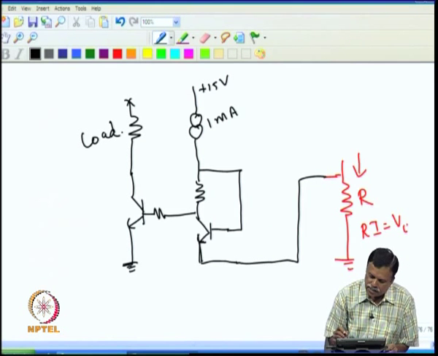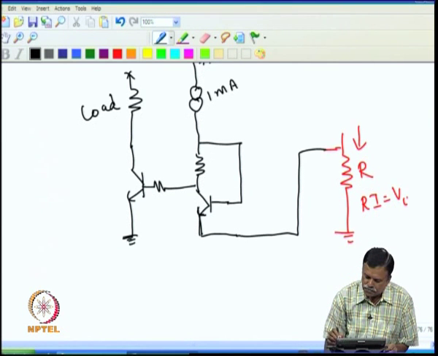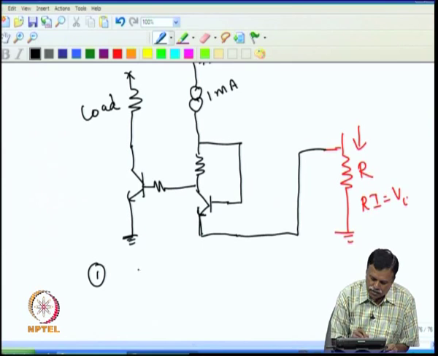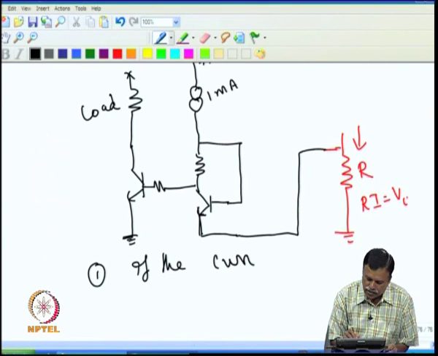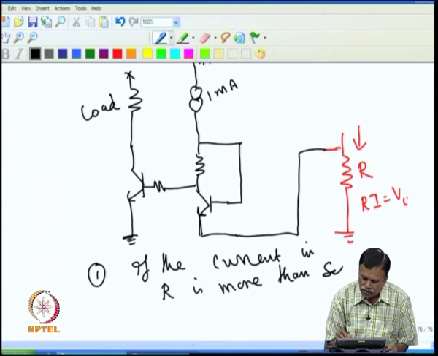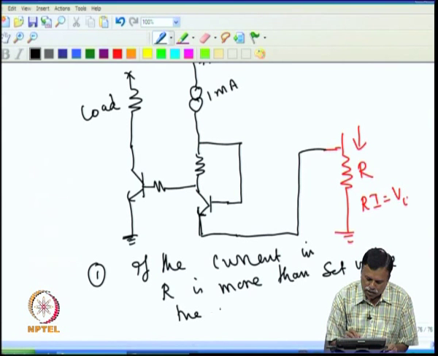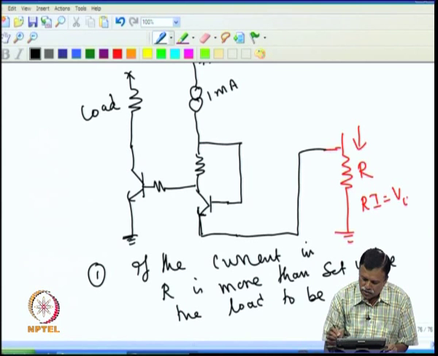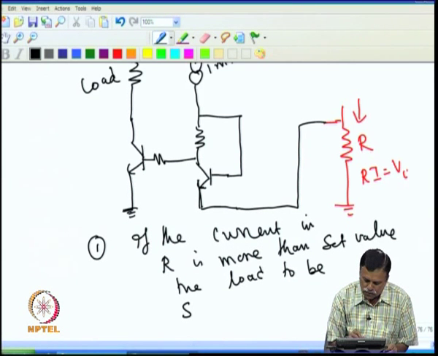So, all that is needed is, if the current in R is more than a set value, the load is to be switched off.